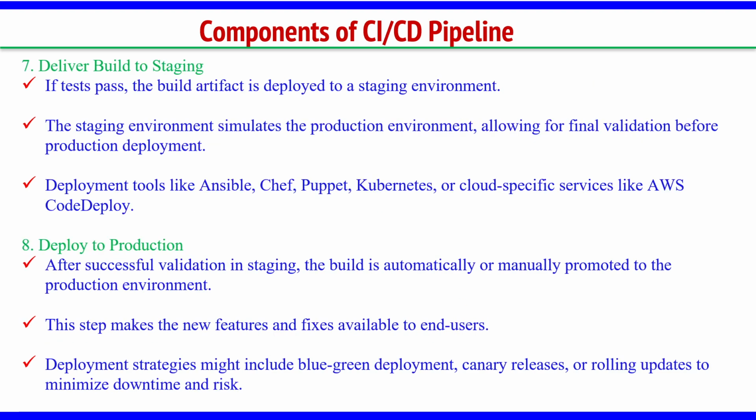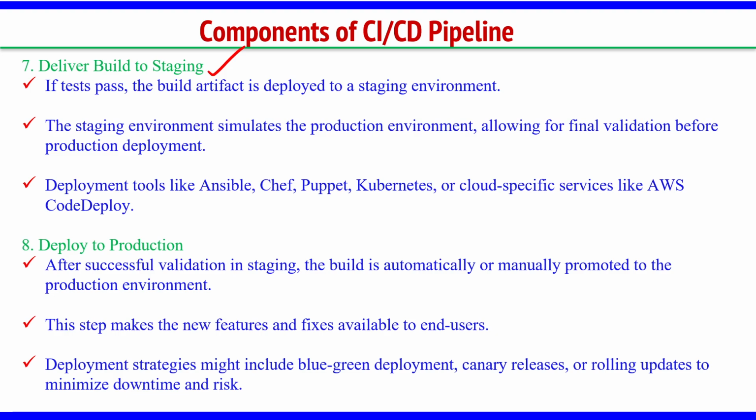Then deliver the build to staging. If you are deploying the code to the staging environment for further testing, you will be moving it there. Obviously, before moving to production, we definitely have to move it to staging. That is a mandatory step.